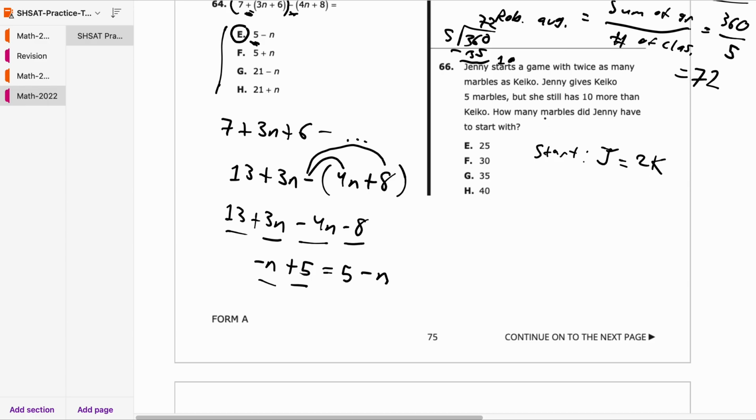And then Jenny gives Kaiko 5 marbles, so she's left with J minus 5 marbles. But we're told that Jenny still has 10 more than Kaiko.